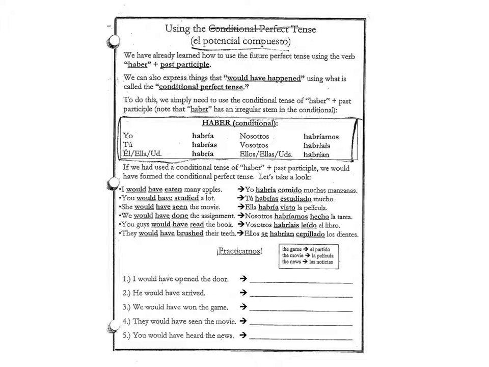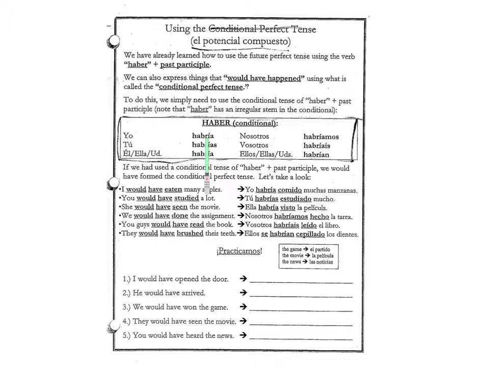For the conditional perfect, el potencial compuesto, these would have happened. These things would have happened. So over here, I would have eaten. All of this is the verb that you will be conjugating. So we've got our conditional form here.